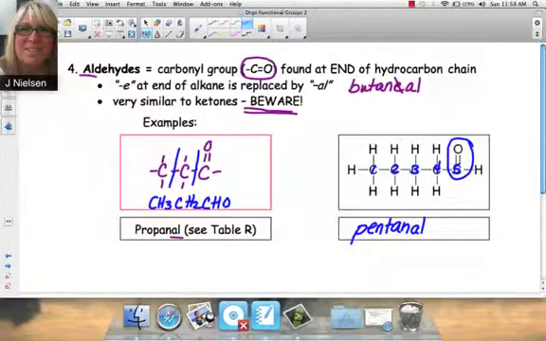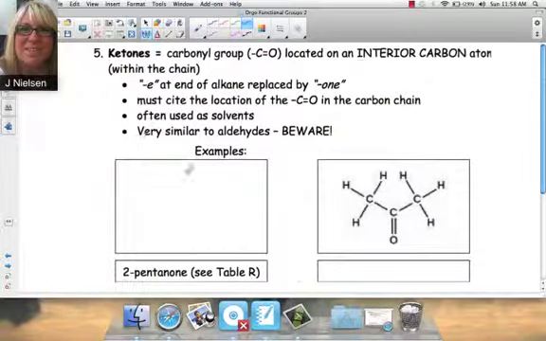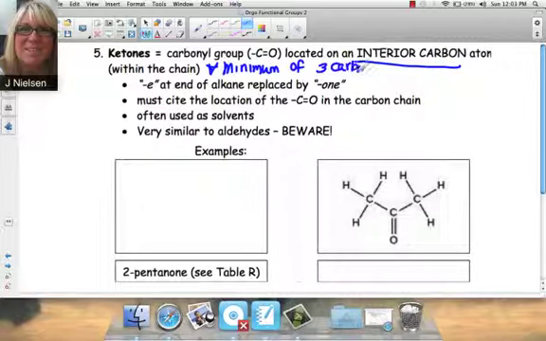Now let's see how these differ from ketones. So the double bonded oxygen is on an interior carbon, which means that you need a minimum of 3 carbons to make a ketone, because you need an interior one.